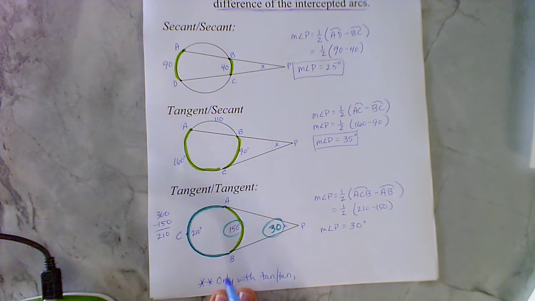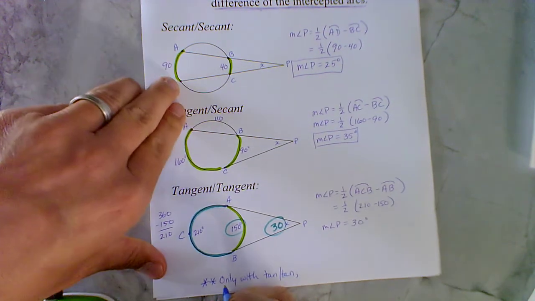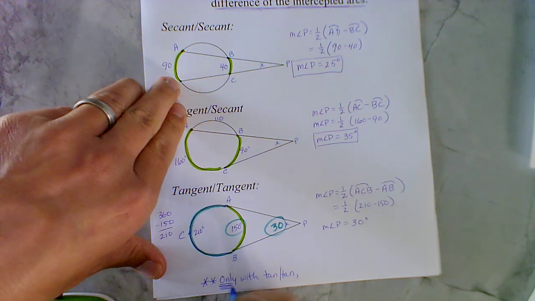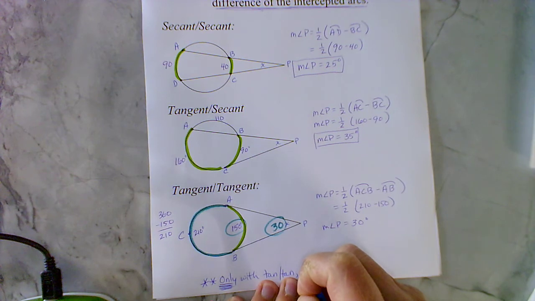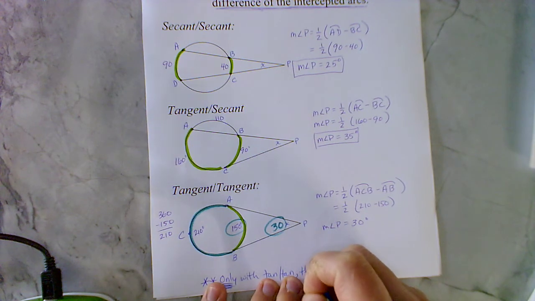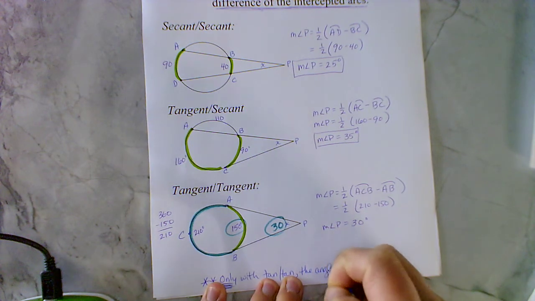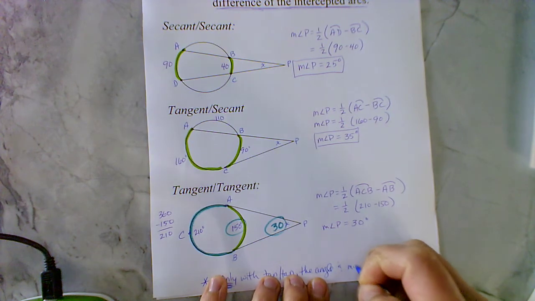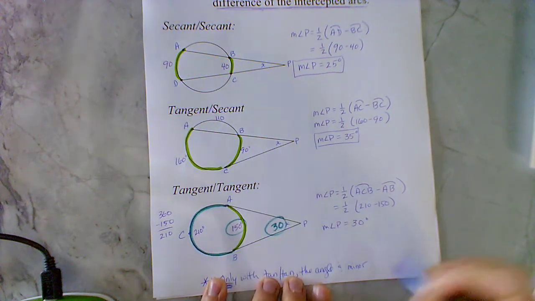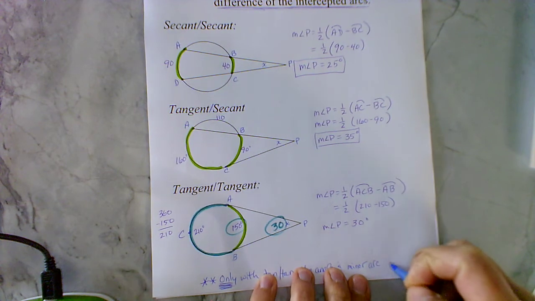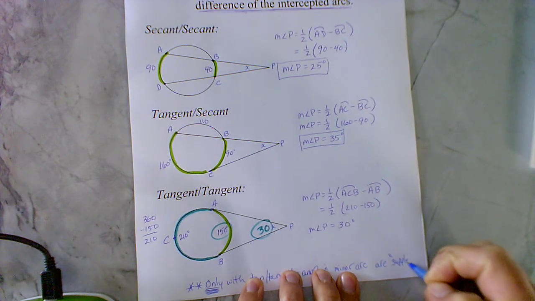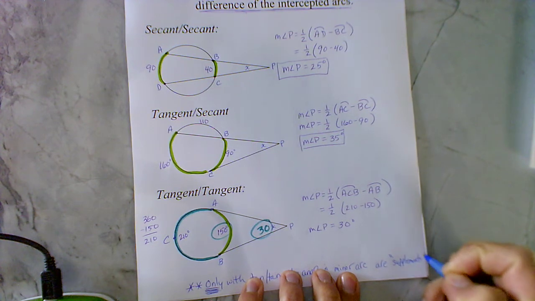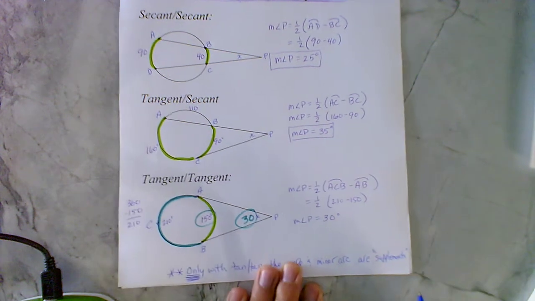And this is only, let's underline that like 37 times, only with tangent, tangent. The angle and minor arc, the smaller inside arc, are supplements.